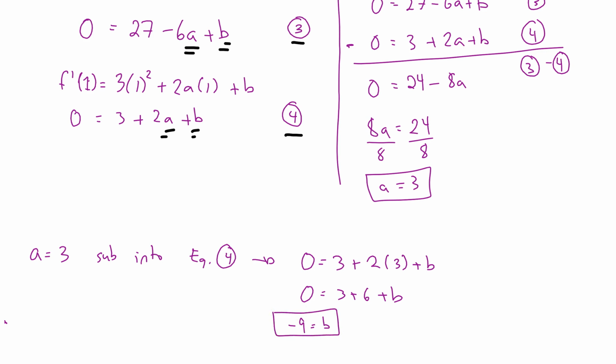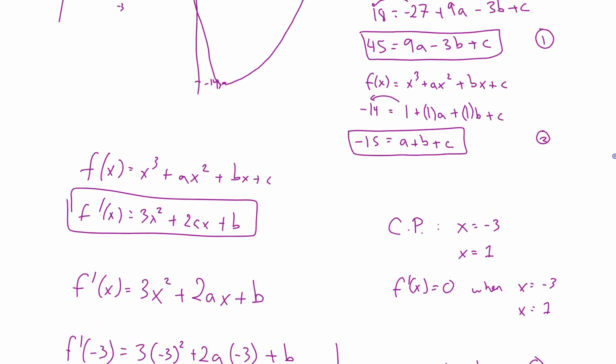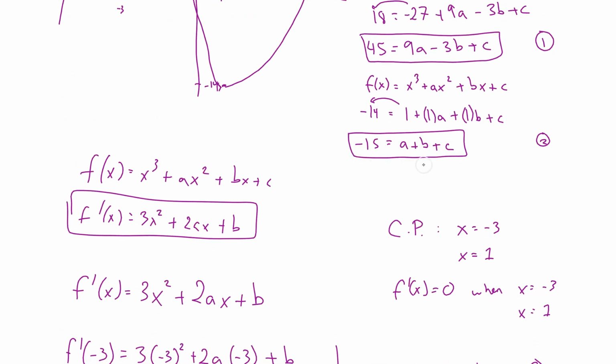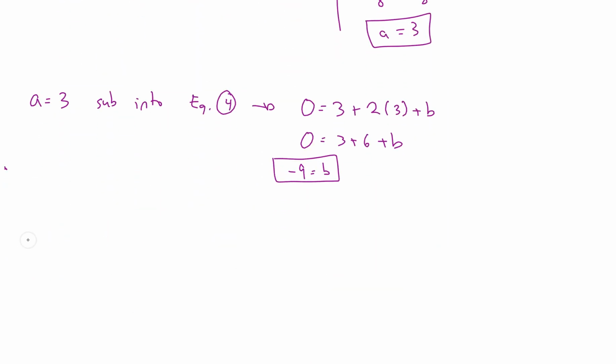Now we have our a, we have our b. How do we find our c? Well, we're just going to plug it into our equation number 2, since we have a c value here, and we have a and b. So we found those, so now we can plug them in and solve for c. So substitute a is equal to 3 and b is equal to -9 into equation number 2.